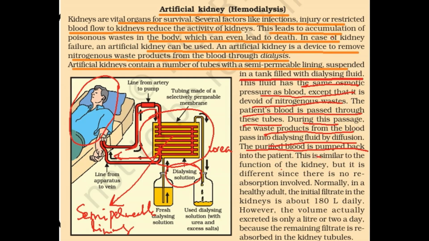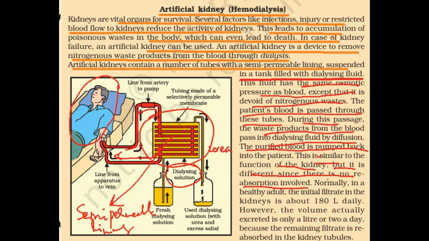So this is similar to the function of kidney, but it is different also. How is it different? Because there is no reabsorption involved. In human kidneys, in natural conditions, reabsorption of water and minerals takes place. Capillaries will take back what is needed. That system is not there in case of artificial kidney, but there is removal of waste, nitrogenous waste like urea.